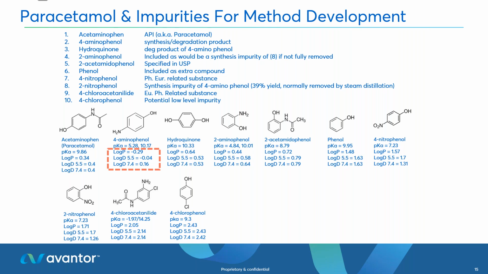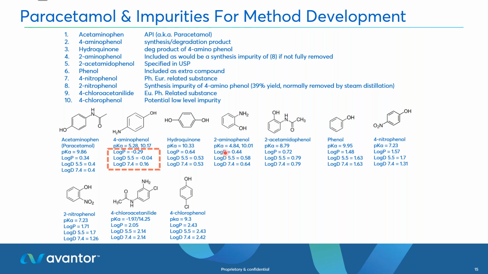In this case, we've got the 4-aminophenol, which is quite a polar compound. You can see from the log P value, it's got a negative log P. It's not going to be particularly hydrophobic at the low pH that we normally run our methods at. If you increase the pH, it gets more hydrophobic, so we'll get more retention.